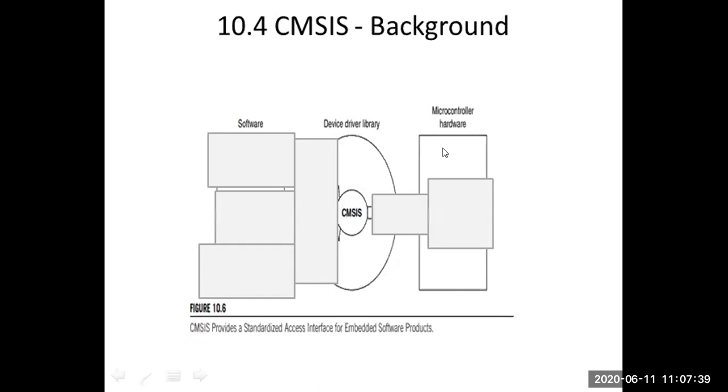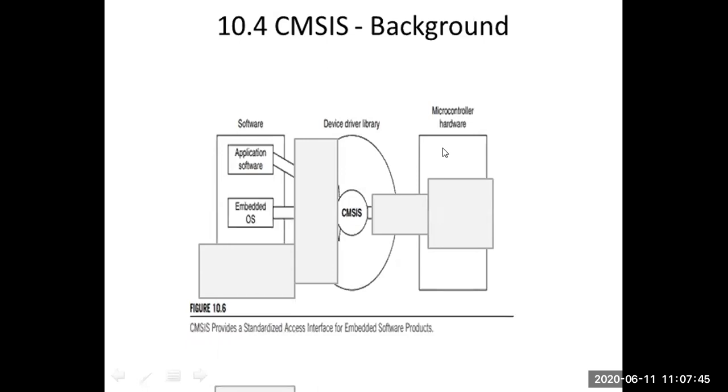Coming to the software part, it consists of application software, embedded OS, and middleware. Application software is nothing but the program which you write for an LCD, or the program which you write for a keypad.